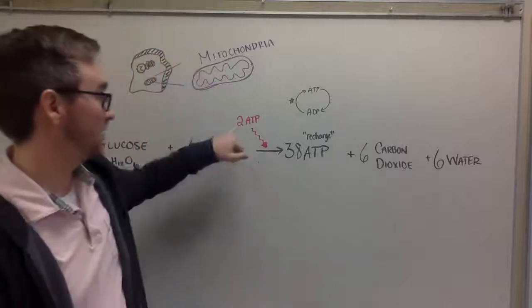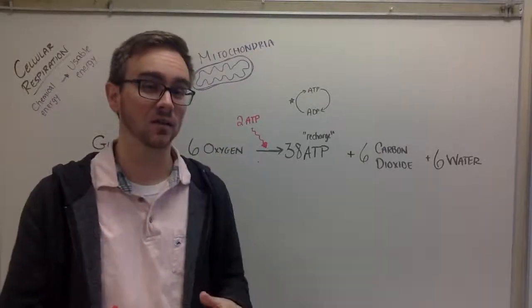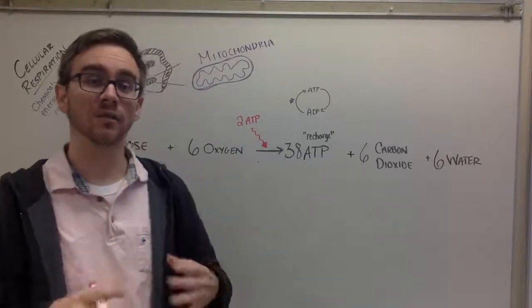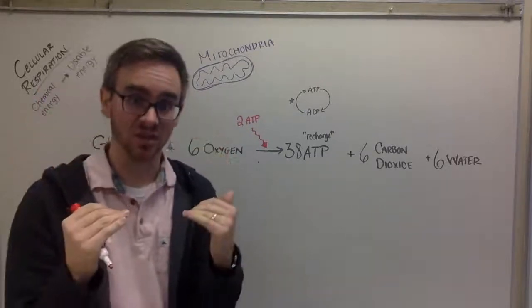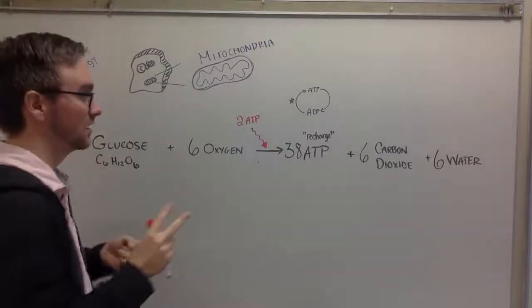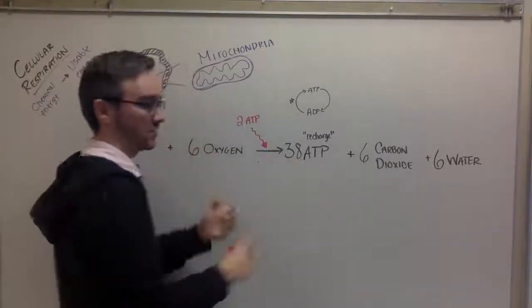Without enzymes, this activation energy is actually about 15 to 20 ATPs. All right, with enzymes there, the whole purpose of enzymes is to lower that activation energy. We only need energy from 2 batteries, 2 ATPs to do this, and we recharge 36.